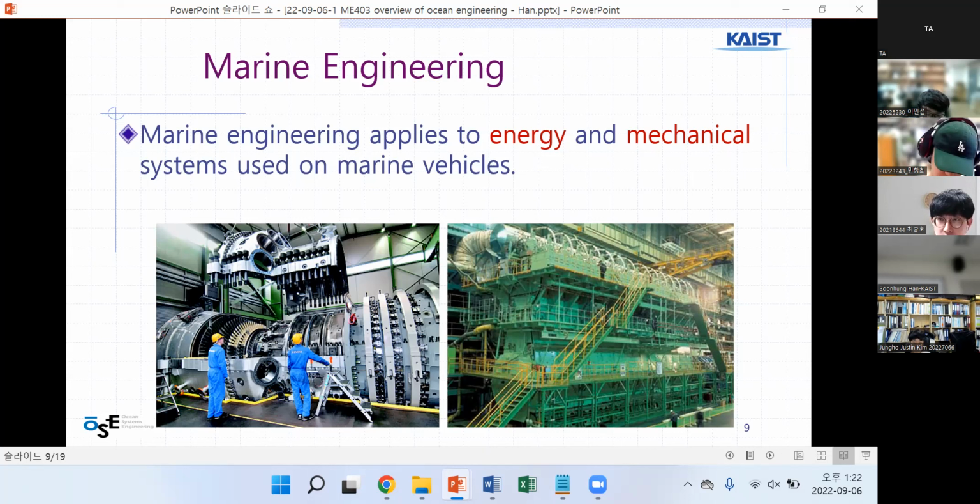So nowadays, the biggest diesel engine produces about 80,000 horsepower. So it looks like this one can produce about that order of horsepower. And we talked again at that time.